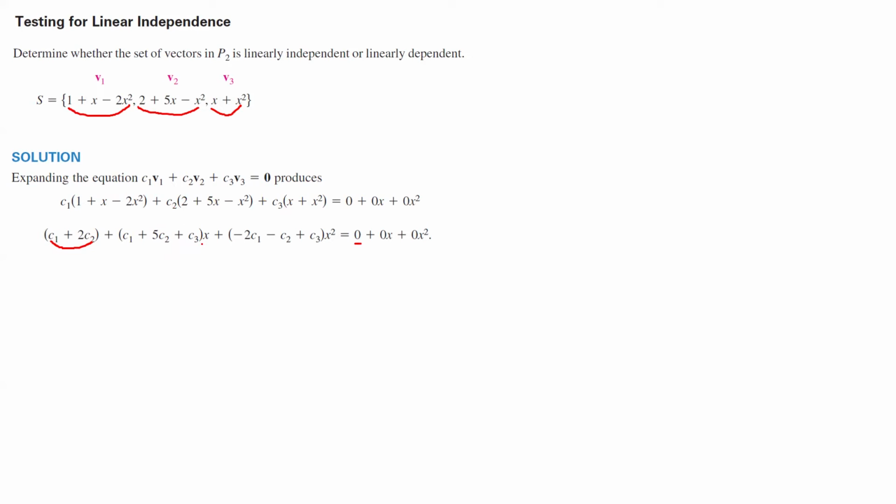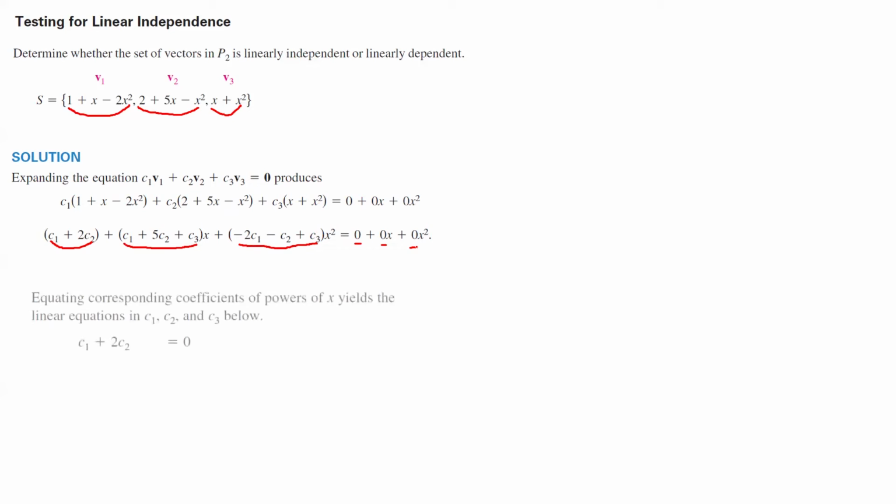These are all linear terms. C1 plus 5C2 plus C3 times x is equal to 0 as well. Finally, you're going to combine the quadratic terms together. Negative 2C1 x squared plus negative C2 x squared plus C3 x squared must be equal to 0. Or if you factor out x squared, the coefficient is negative 2C1 minus C2 plus C3, which is equal to 0.